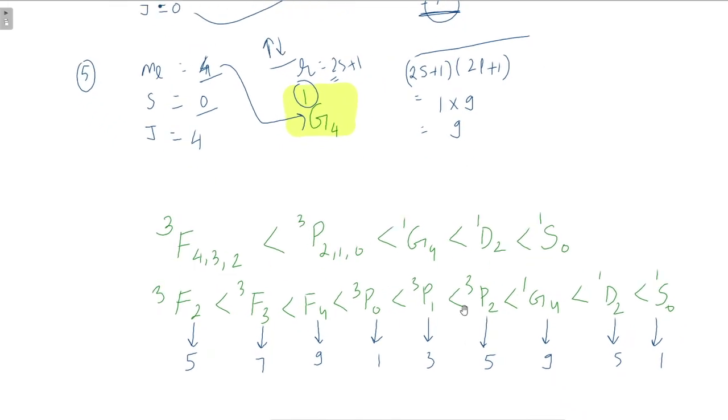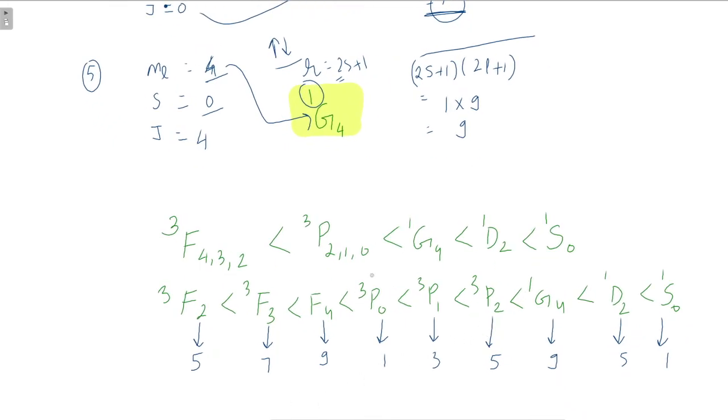Now whatever term symbols we have calculated, we'll just arrange them according to Hund's rule. So what does Hund's rule say? If you are not familiar with this rule, you have to go back and see the video on Hund's rule after the P2 diagram. Then we'll figure out the ground state. What will be that?